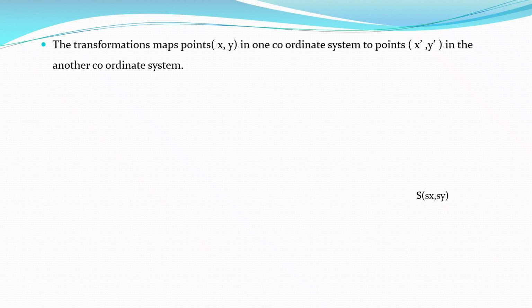A transformation maps a point P of x, y in one coordinate system to a point x dash, y dash in another coordinate system. Here we perform the transformation in the form of scaling, so we use the scaling factors s of x, s of y.